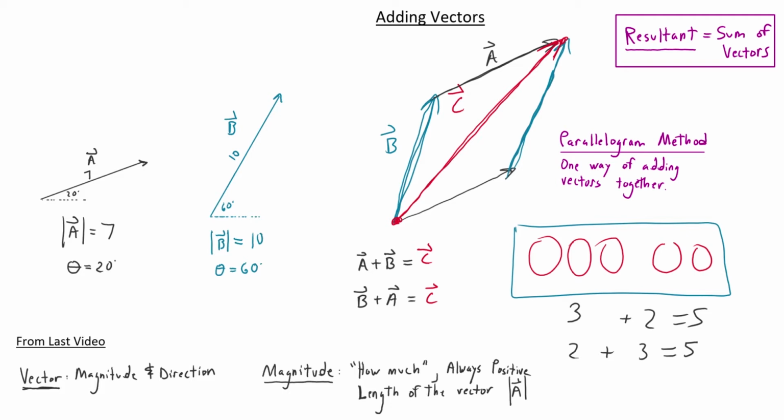Now another name for this method is tip-to-tail method. So if you look at any vector, this is the tail, and this is the tip. So let's say we were doing A plus B again. My A is right here.